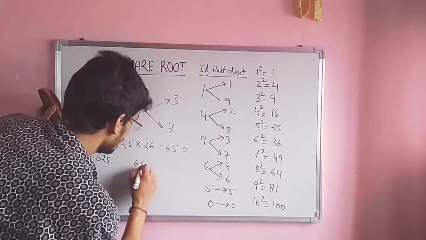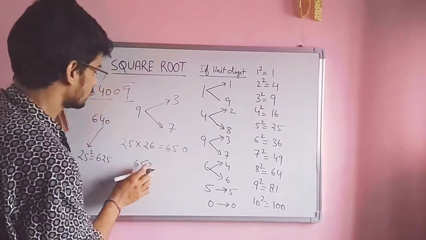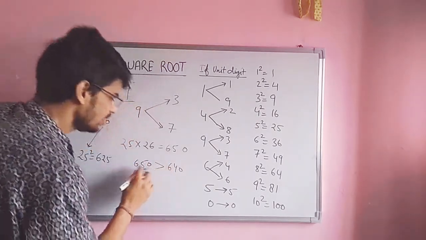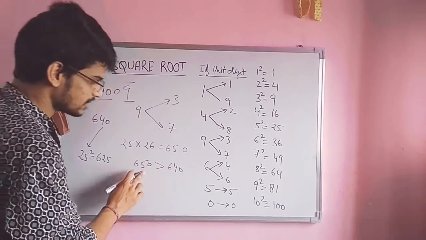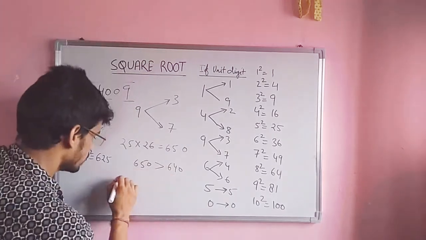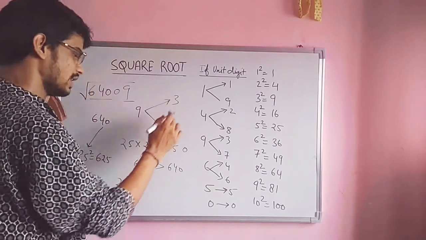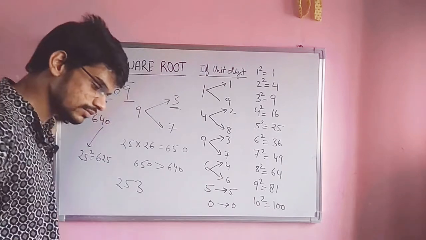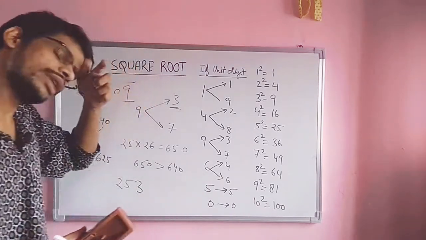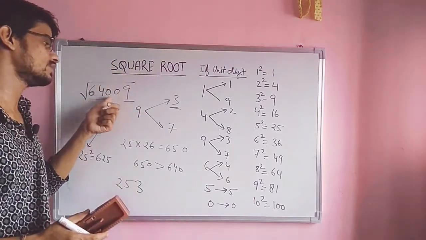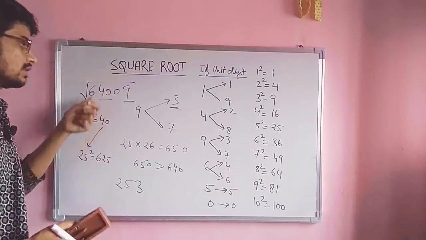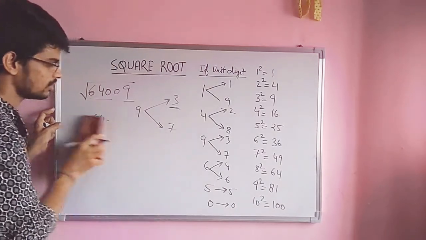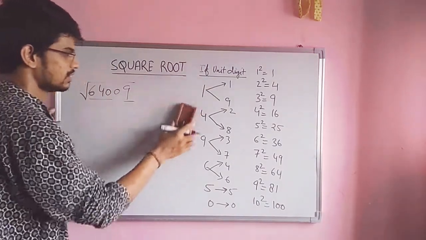Now compare both the values, 650 and 640. 650 is greater than 640, so take 25 from here and the lesser value from here. 253 is the square root of 64009. 64009 is the square of 253. Clear? I hope you understand all this concept.